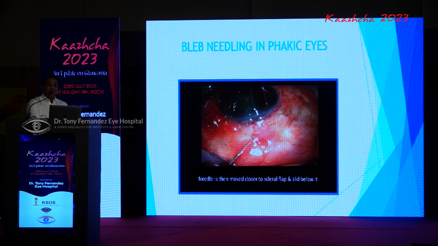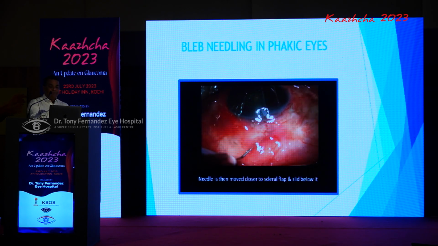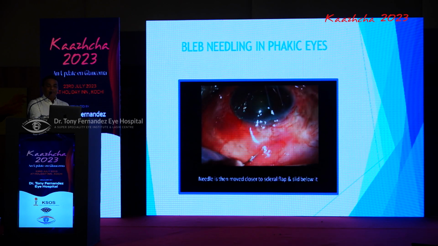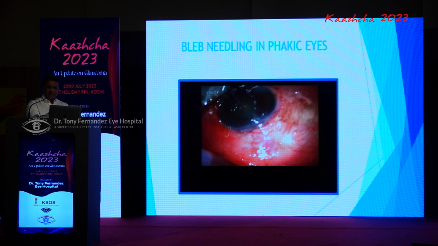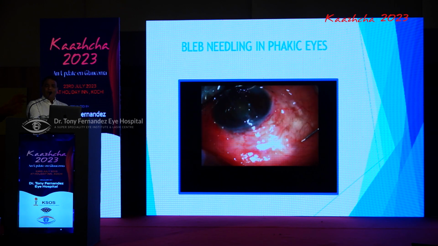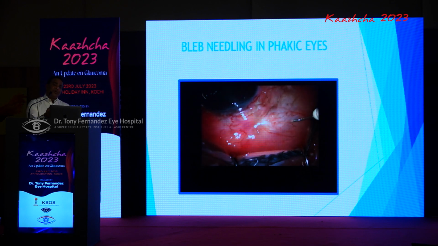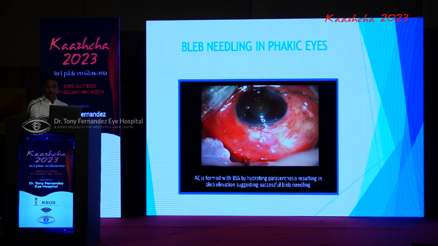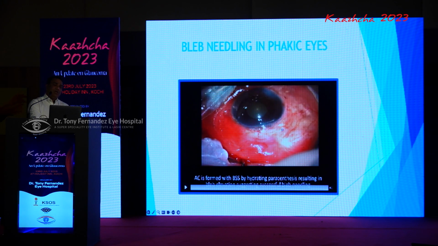Once you remove the conjunctival fibrosis, then slit into the flap, under the flap. Under the flap, in such cases sometimes we are not able to see it, so we have to be very careful to understand where it is. I am not able to find the flap from this side, so we went to the other side and found the flap. Once we find the flap, you can see the huge bleb that has been formed.